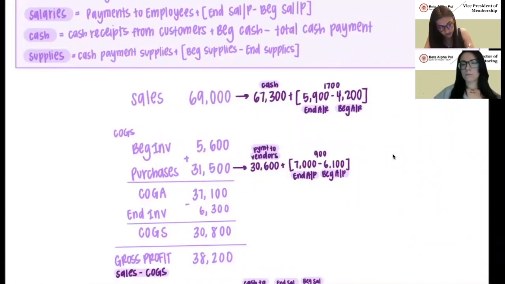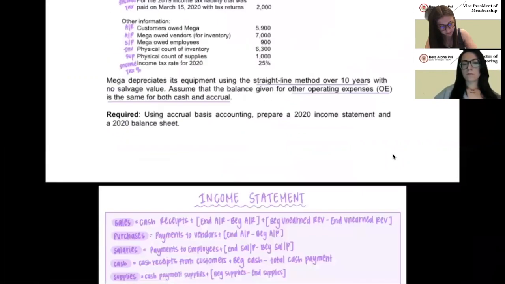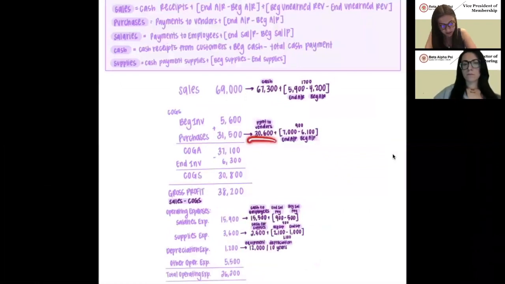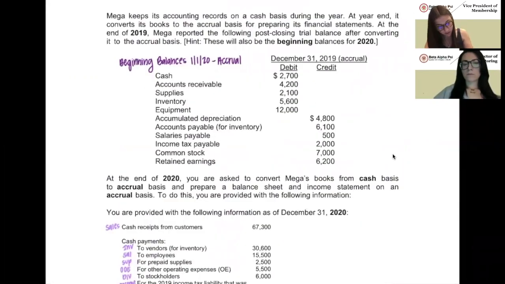So first number, we have our payments to vendors, which we're going to find our cash payments to vendors for inventory, which is going to be 30,600. We put that right there. And then we're going to find our ending accounts payable and our beginning accounts payable. So our beginning accounts payable comes from our beginning balances, accounts payable for inventory, 6,100.